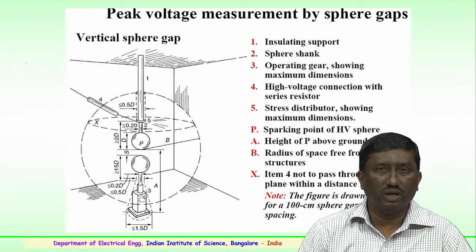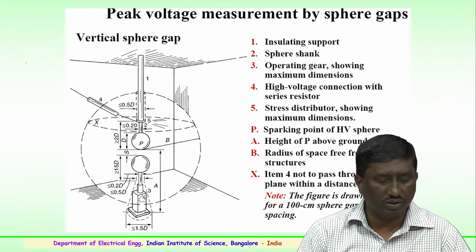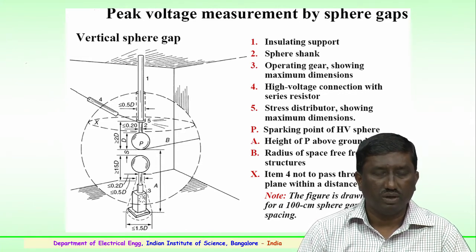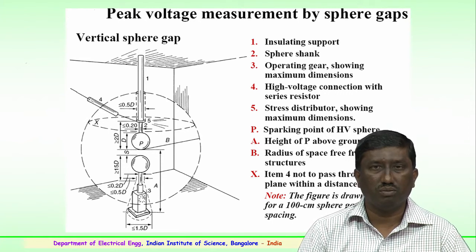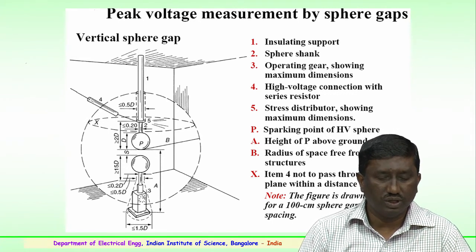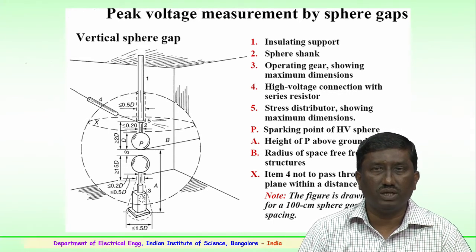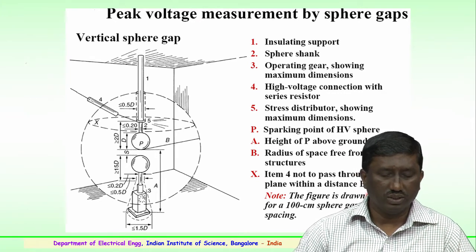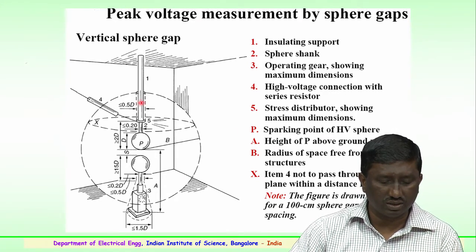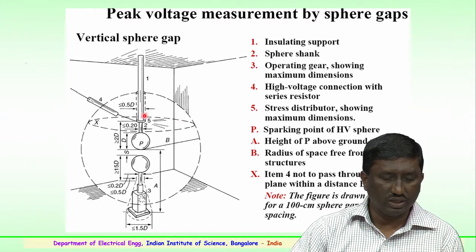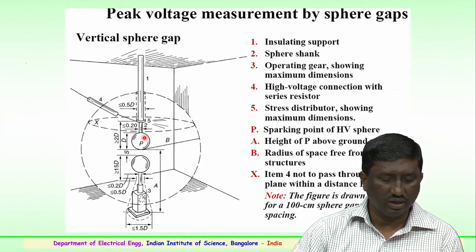This is a typical example of a vertical sphere gap assembly used for peak voltage measurements. The assembly consists of the following. You can see the two spheres here.